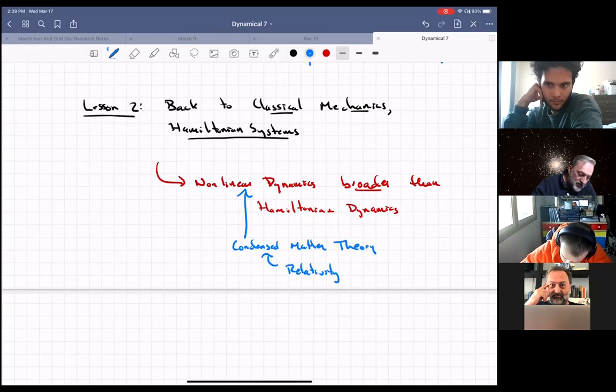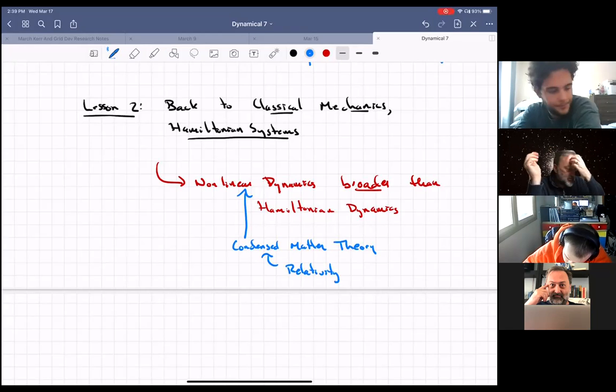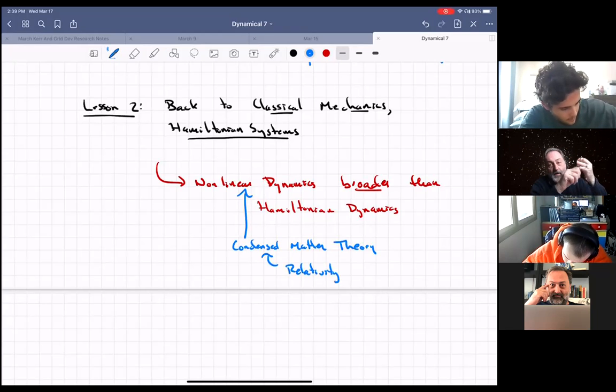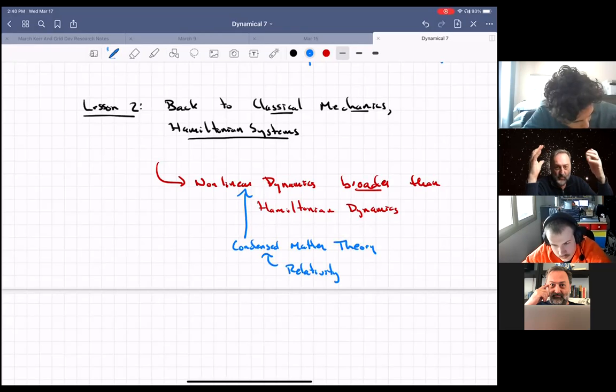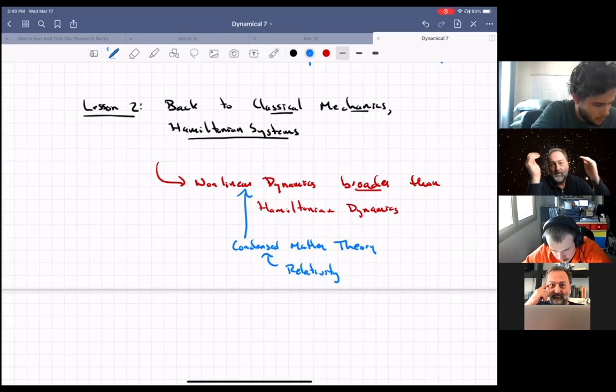General relativity is also a nonlinear classical theory, and so equations in general relativity can be studied through the lens of nonlinear dynamics. But condensed matter systems, biophysics systems, fluid mechanics systems, all fall under the big umbrella of condensed matter theory. And so nonlinear dynamics is that bigger picture, and classical mechanics and Hamiltonian dynamics, as sort of the exemplar of classical mechanics, is a subset of nonlinear dynamics. So that's what I want to say about that.